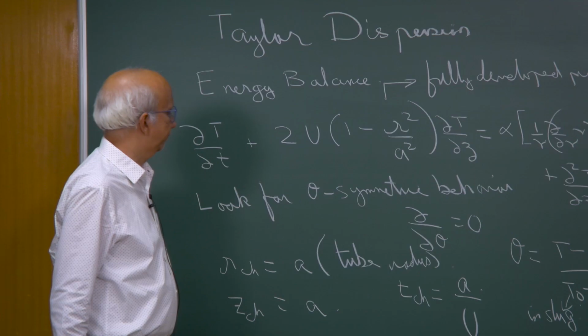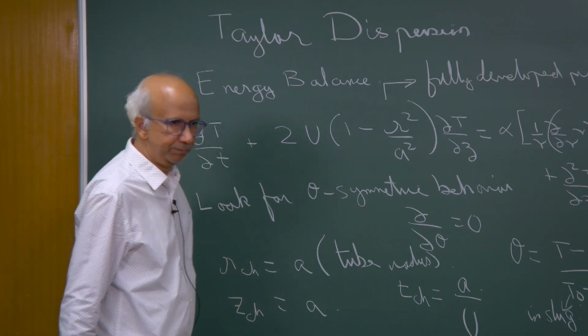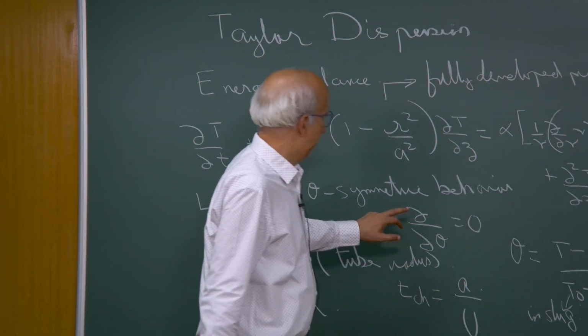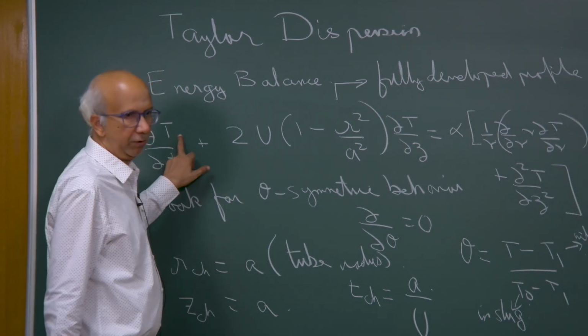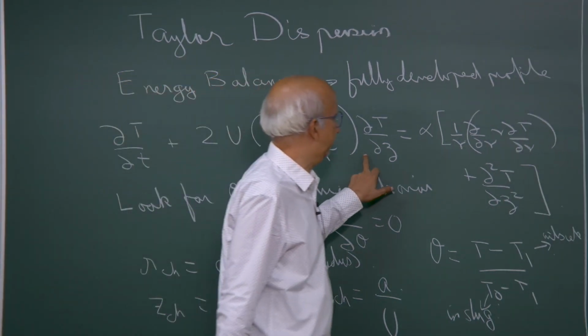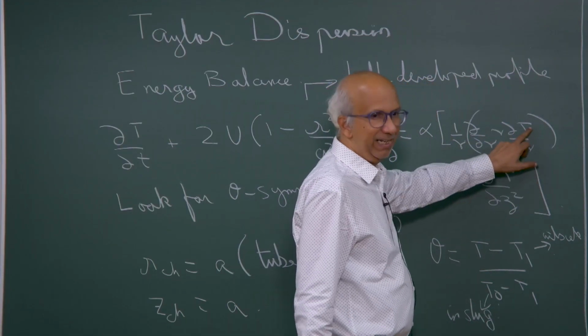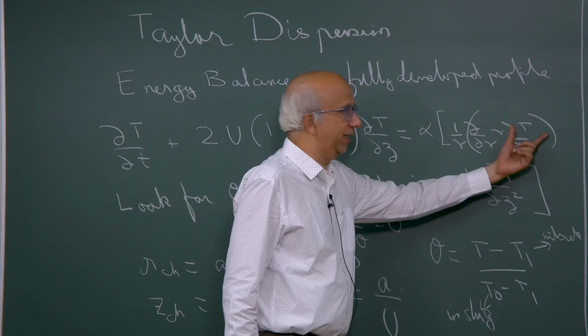So, we want to substitute this here and convert this. Because this equation is linear in temperature, with everything to the power 1, when I substitute for T in terms of theta, I will get T0 minus T1 multiplying every term.